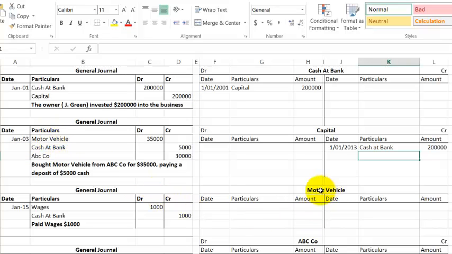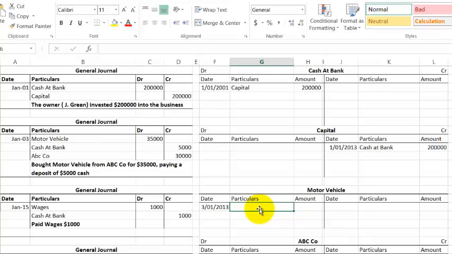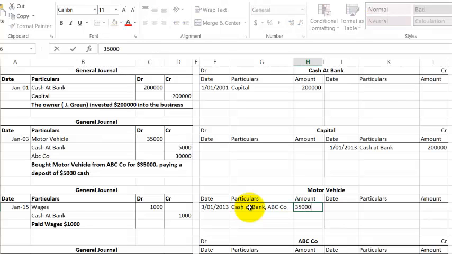So we go to the motor vehicle account. It's the 3rd of January. In this instance there are two particulars, namely cash at bank and ABC Co. The amount is $35,000, as you can see up there.